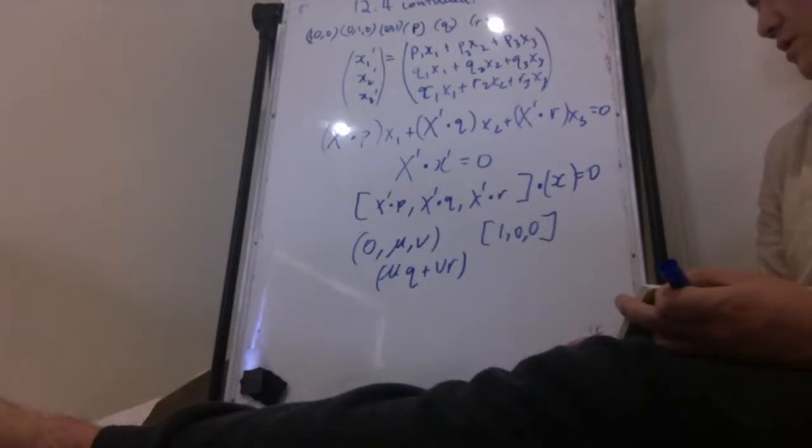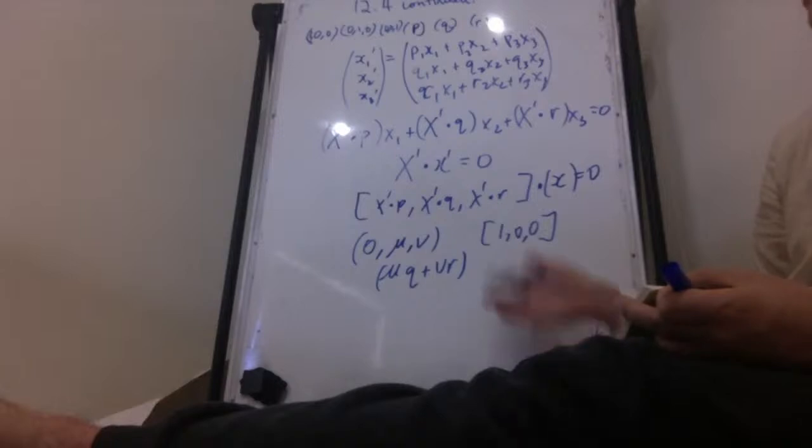I guess I won't really bother to write what line that lies on. Okay, but the point was, why is that even a projectivity in the first place? Why is there a projectivity that does that?